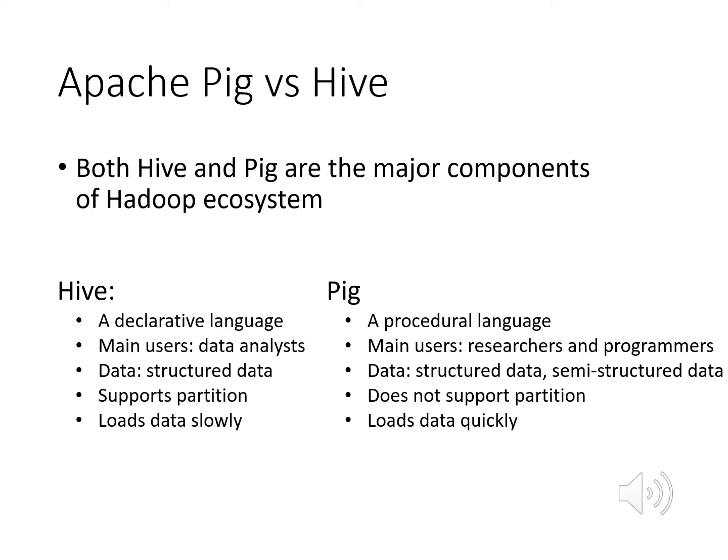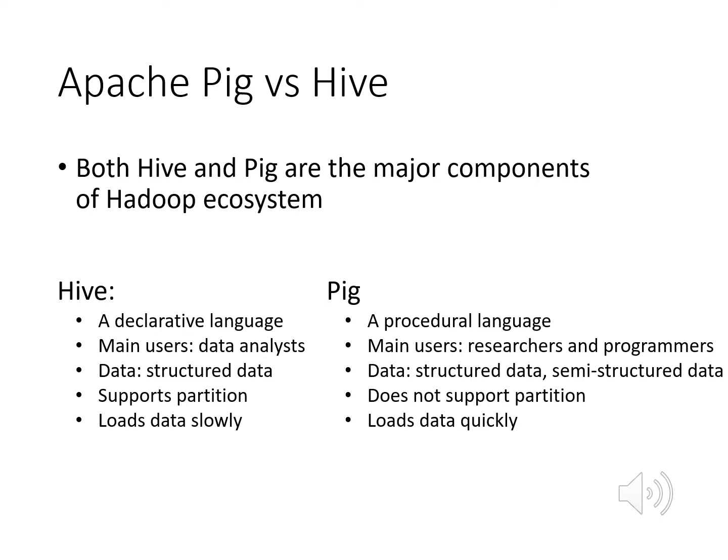If we want to have the data subgrouped in the way that we want it to be, we have to do that manually in the program. Hive loads data slowly. On the other hand, Pig can load data quickly compared to Hive. These are the major differences.